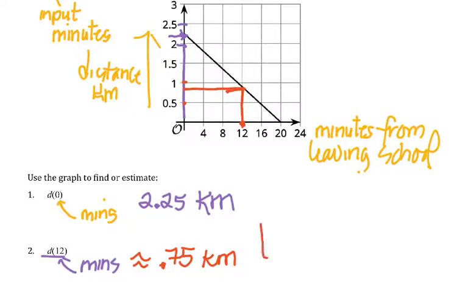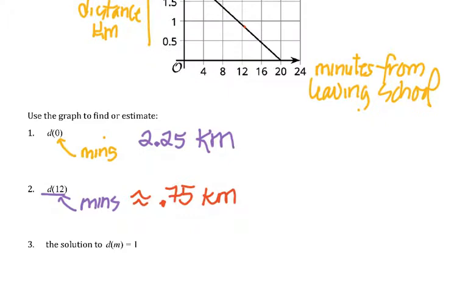All right, next one, so this next one asks us, what is the solution of d of m is equal to 1? So I am looking right now. I want to know what are the minutes because I don't have it. So again, remember this whole thing, d of m equals 1. 1 is the output.